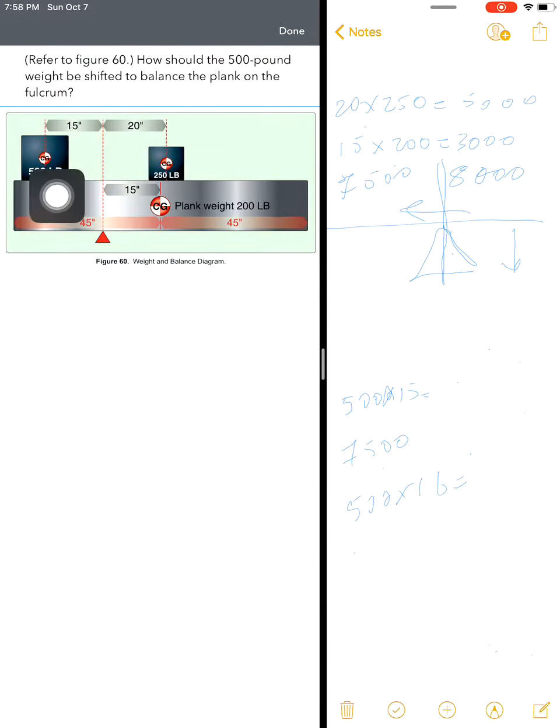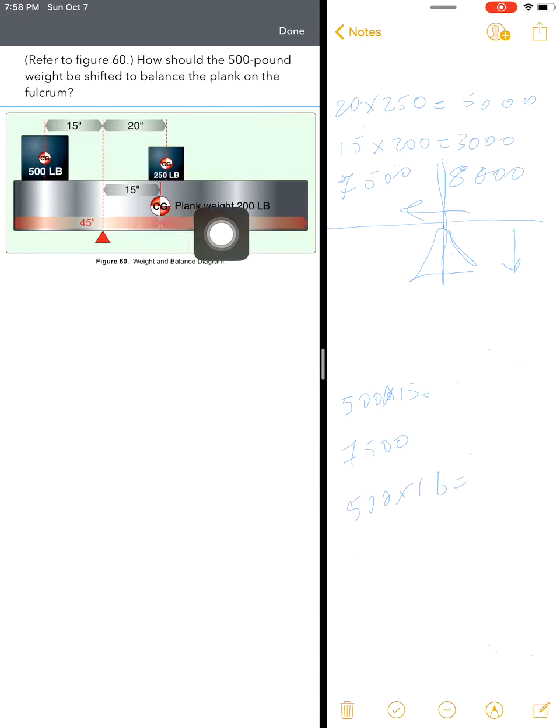We know it's 7,500. For some of you who think that we need to push this a little bit forward, please think again, because you have the fulcrum right up here, and you need to go back to the 5th or 4th grade.